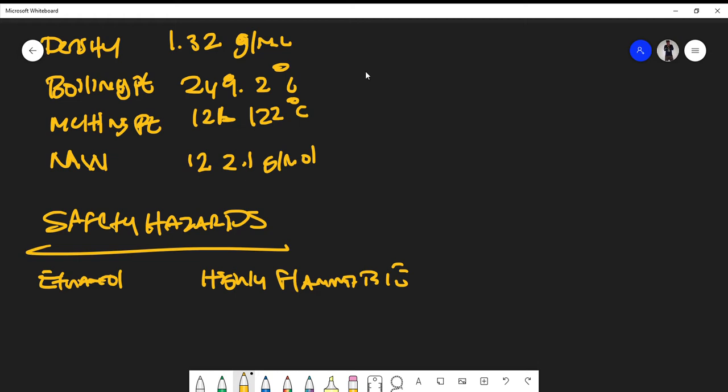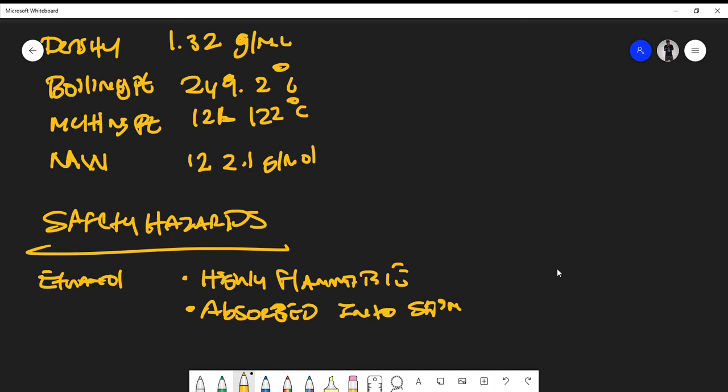It may be absorbed into the skin, right? So these are some of the cautions that you want to know about the compound. It may be absorbed into the skin, etc. Reacts violently with oxidants. So these are some of the safety hazards that you must know about the lab itself.